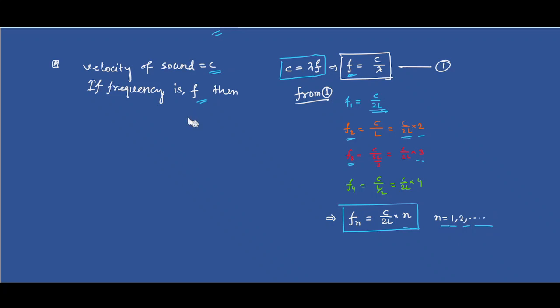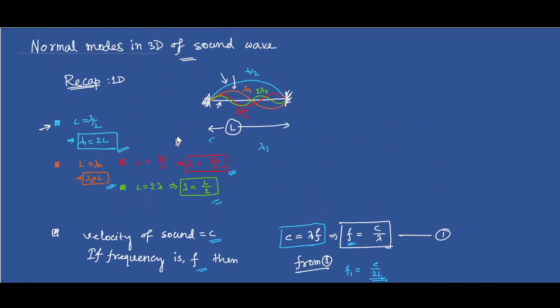Now if we try to find the normal modes in 3D, it will be like this. If you consider a string, which was one dimensional, but if you try to find the normal modes of sound wave in 3D, which is the realistic situation, let's say you have a box. Let me draw it here.